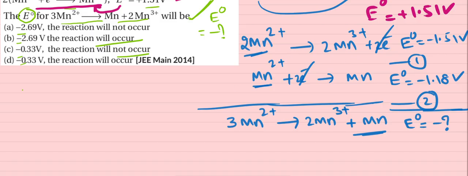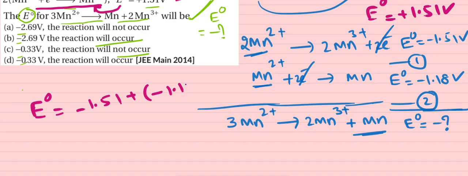Therefore E° equals, adding equation 1 plus 2, minus 1.51 plus minus 1.18 volts. Clear?